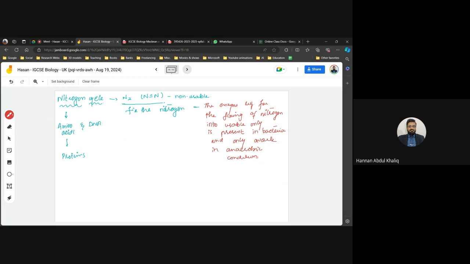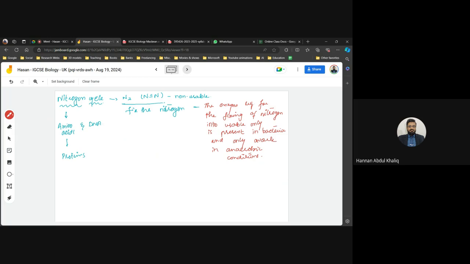This is something you can understand: life cannot exist without anaerobic conditions. One of the most vital pieces of information we should have is that, obviously, we say oxygen is necessary for life, no doubt.